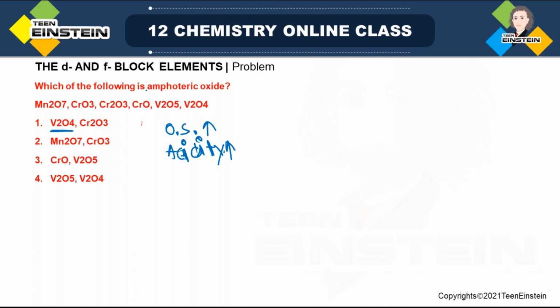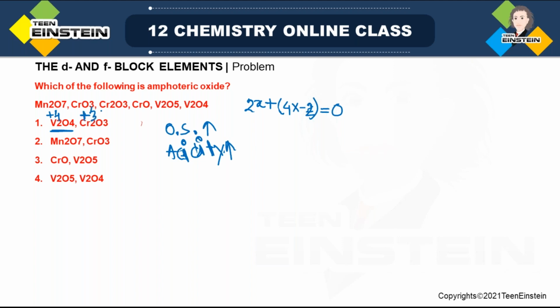Overall neutral means what? Suppose the oxidation state is X for vanadium and you have 2 vanadium, so it will be 2X. Total 4 oxygen, that means 4 into -2. Each oxygen is -2. Overall the molecule is neutral, so I have written here 0. From this equation you can understand, yes, it is +4. So +4 for vanadium, and for chromium it is +3.